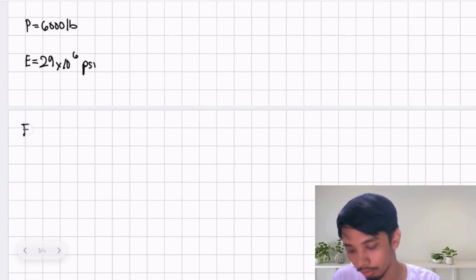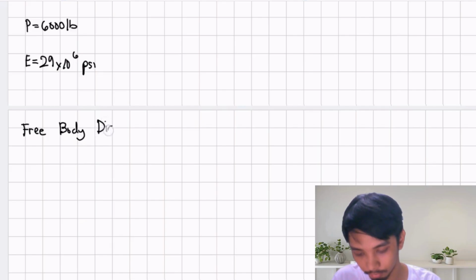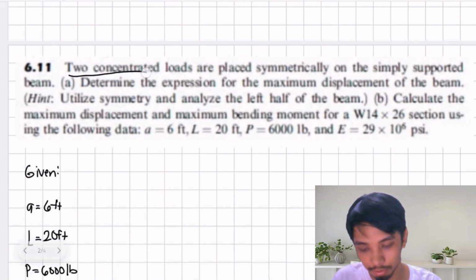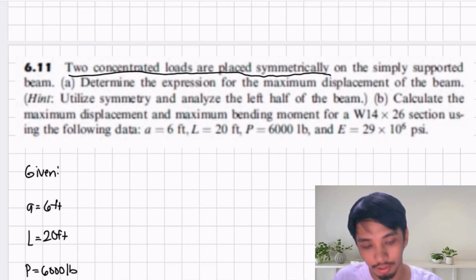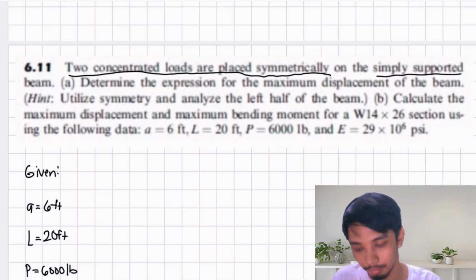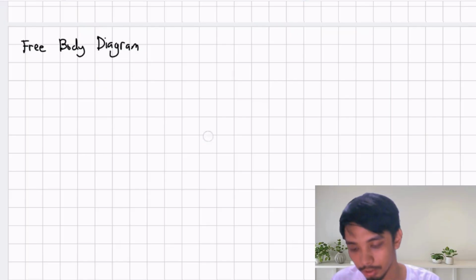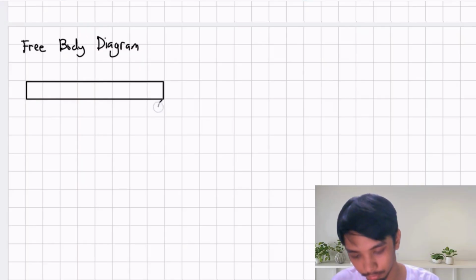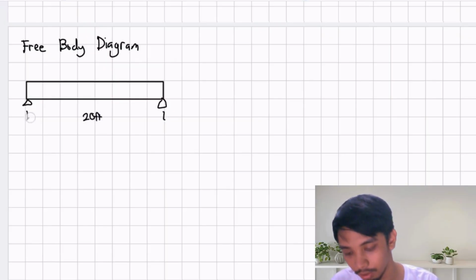Now for the free body diagram, the problem states that two concentrated loads are placed symmetrically on a simply supported beam. So let's draw a simply supported beam. The total length is 20 feet.